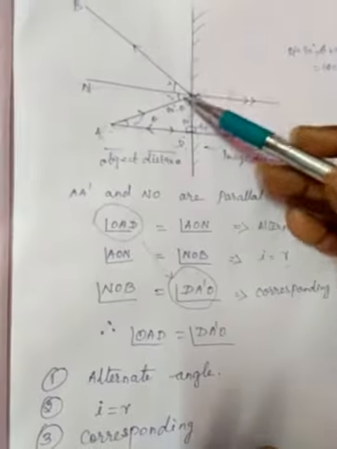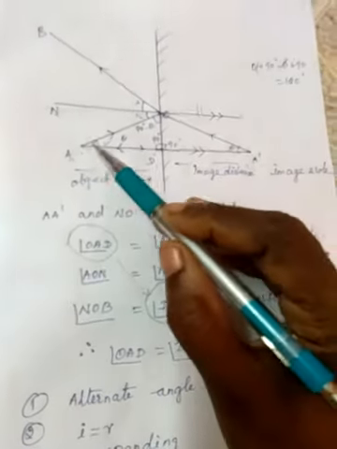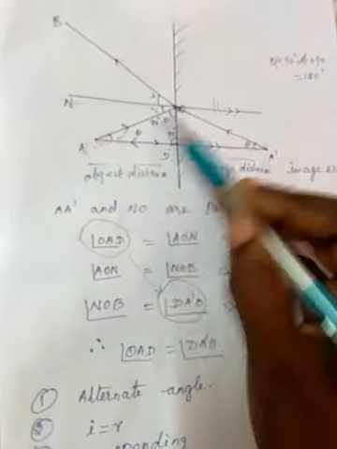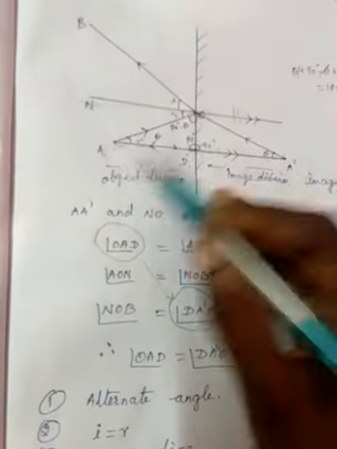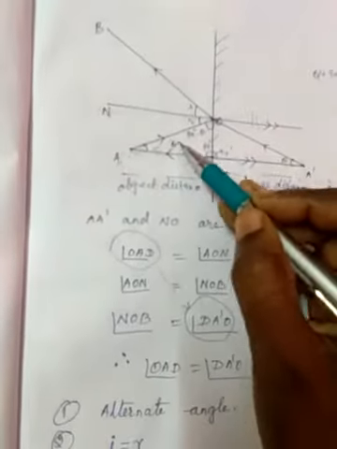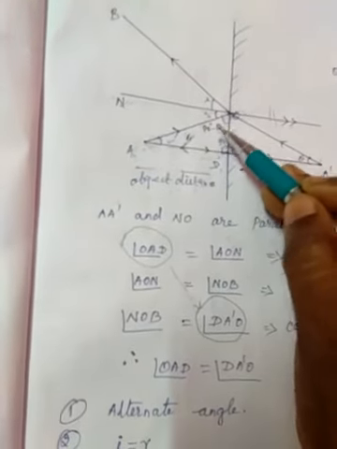Why do we take 90 minus theta? The three angles of the triangle added together come to 180 degrees. Here we take theta, here 90 degrees, and here 90 minus theta.